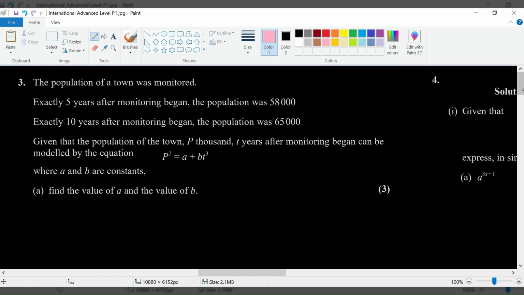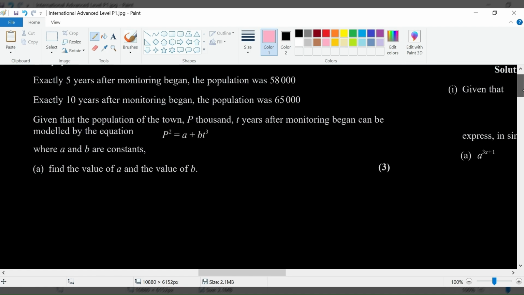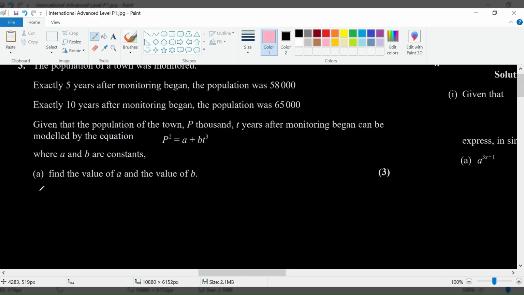What I can make out from the first expression is that time is 5 and population is 58. So I will simply write 58, not thousands. That's where the mistake was. When t is 10, the population is 65. Instead, students wrote 65,000. That led to the mistake.